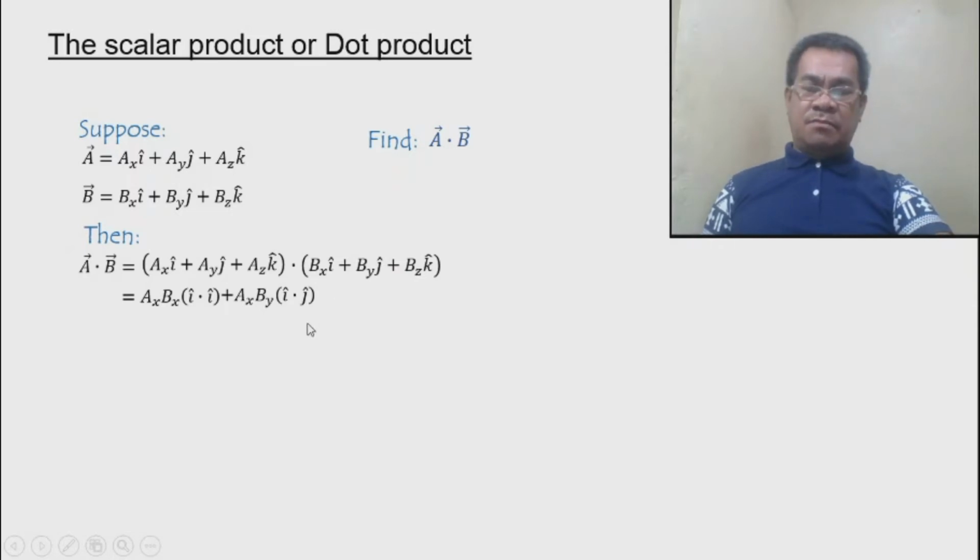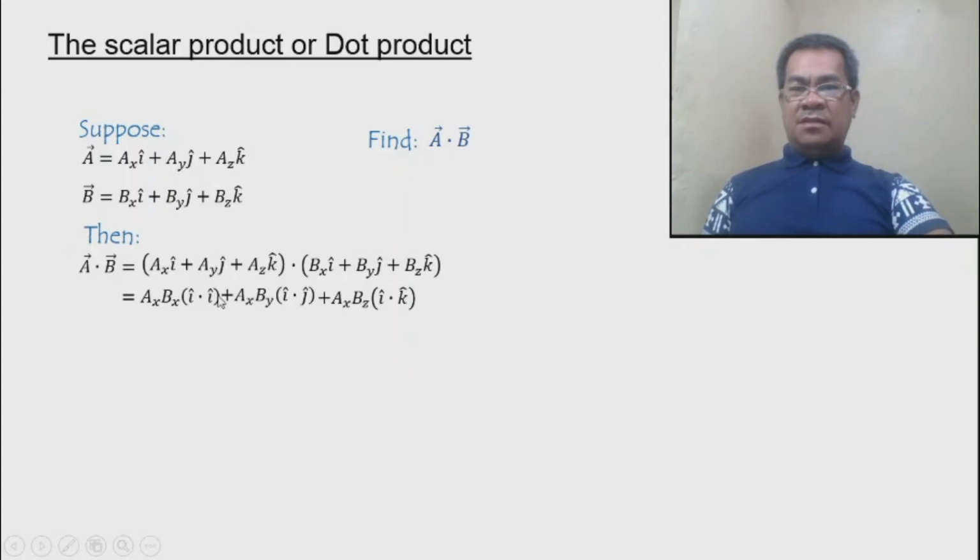Anyway, they are equal, but you have to follow the order of distribution. Then again we have ax bz, i hat dot k hat. So these are the three terms from distributing the first term, but we still have to do this three times again.